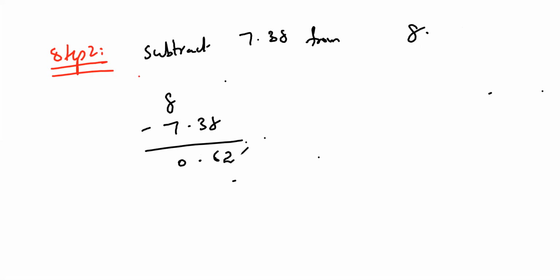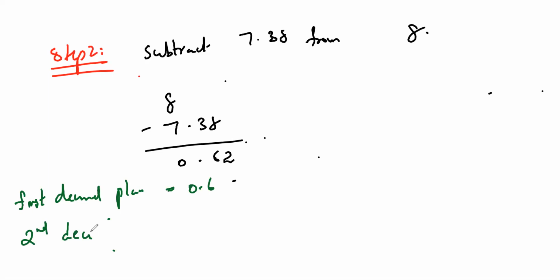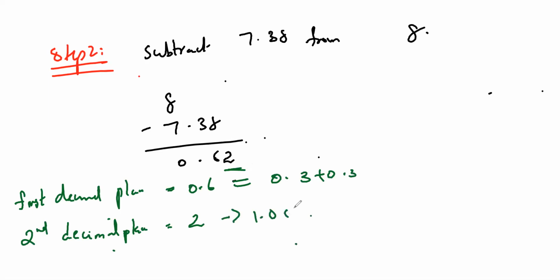Now the first decimal place is 0.6. The second decimal place is 2, right? So 0.6 can be split as what? 0.3 plus 0.3. And this 2 value, I know that it is 1.05.